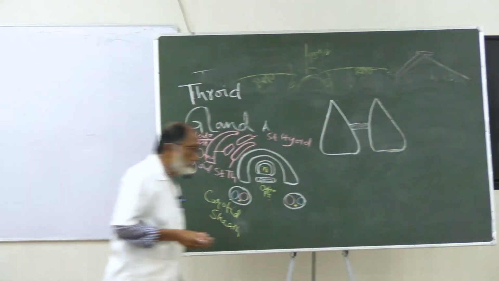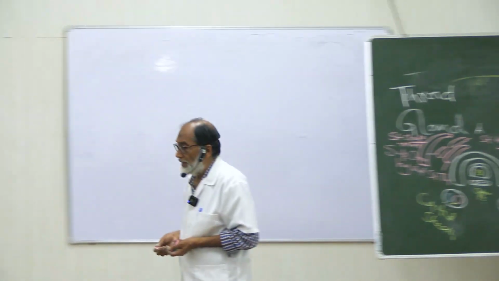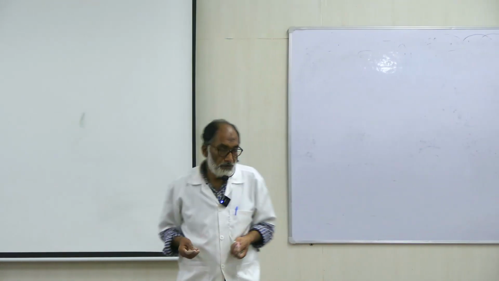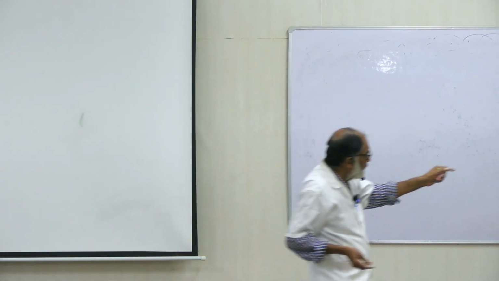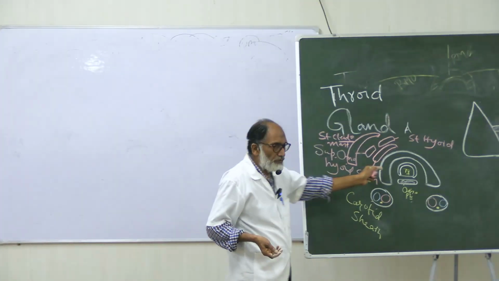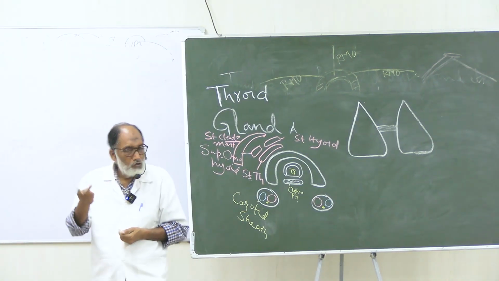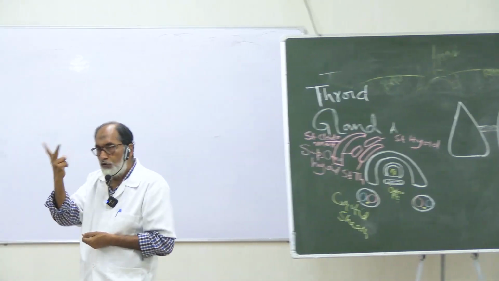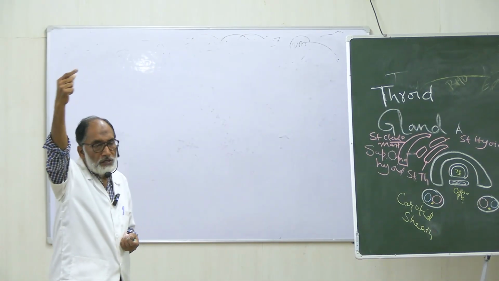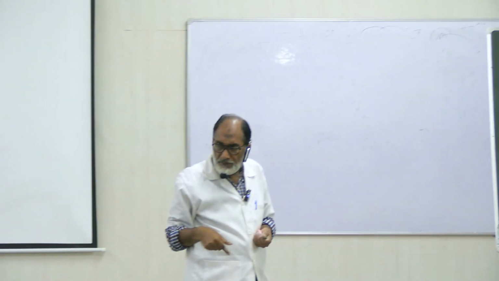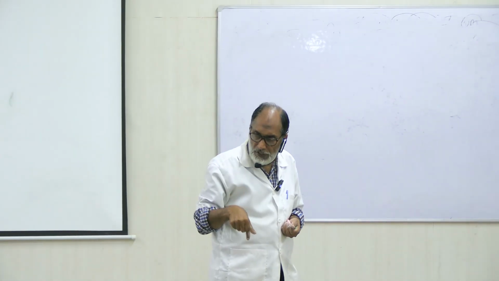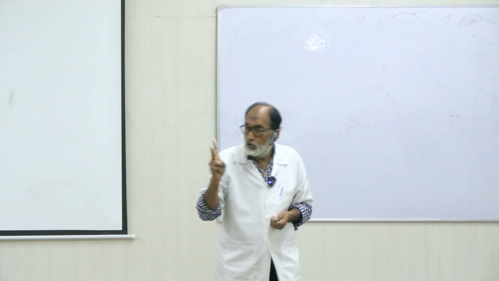Now, again I am recapitulating. The medial surface has two tubes. One is larynx and trachea, one is pharynx and esophagus. Two nerves.